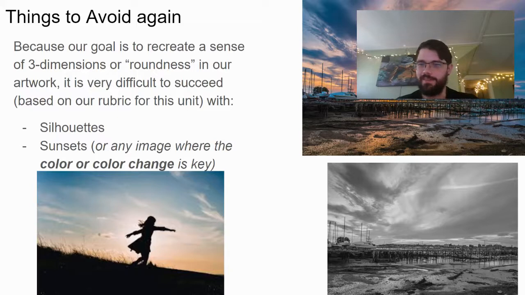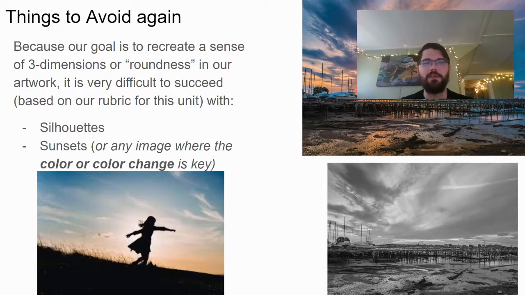But what we find is that if the major thing in the scene is the sunset, just like in the landscape or the seascape we were looking at on the last image, the sunset, when it's all in black and white, looks a lot less appealing and less interesting. Our sky becomes flat, and a lot of the rich changes in color aren't really picked up by the value of all being in black and white. So silhouettes and sunsets are not ideal.